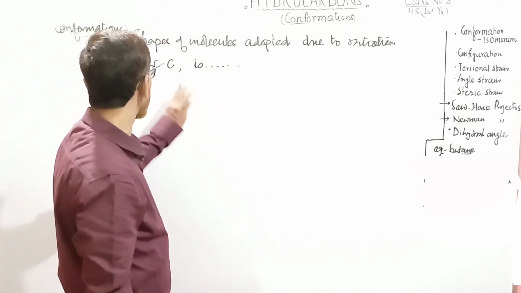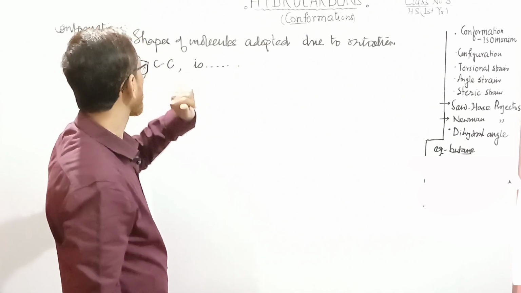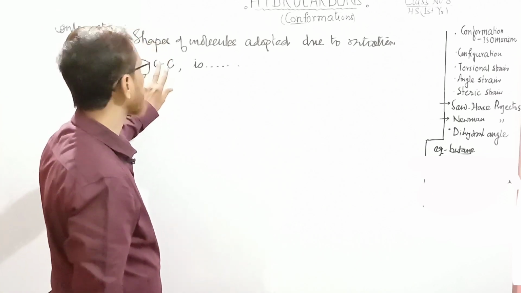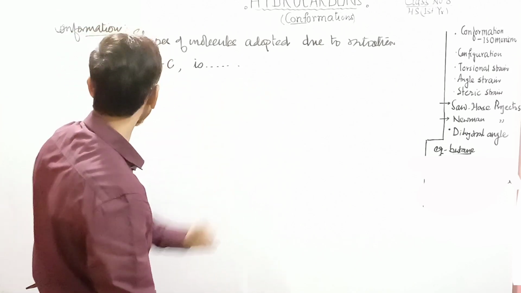So it seems to be very simple. The shapes of molecule adopted due to rotation of carbon-carbon single bond is called conformation.